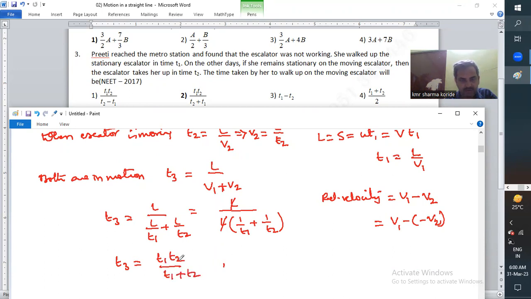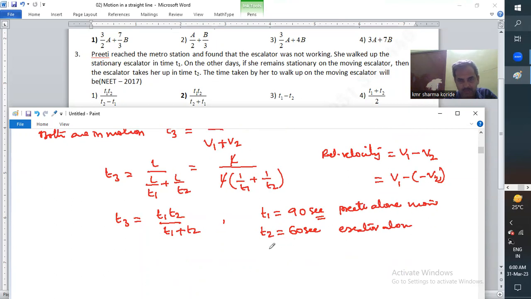The same question is given in the form of numbers. So you take T1 as 90 seconds, when escalator is at rest, T2 as 60 seconds, when escalator alone is moving. So find out T3.